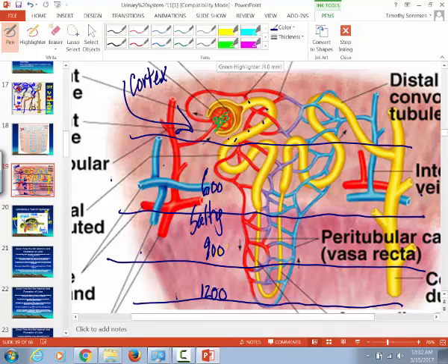Proximal because it is closest to the point of origination at the glomerulus. And it's twisted. If you have twisted thoughts, like, I'm going to read the textbook today, you need help. It's called convoluted. So the proximal convoluted tubules is where the filtrate enters first.